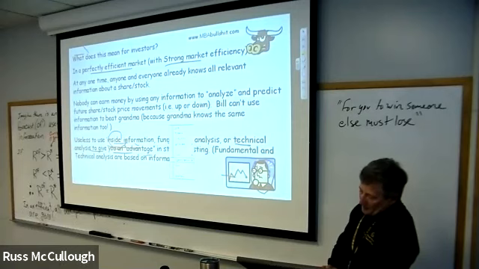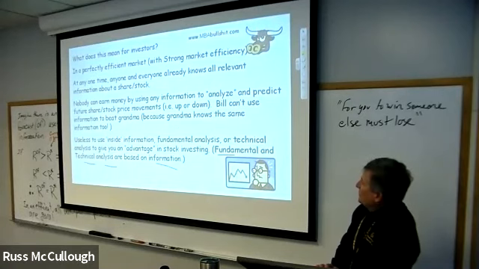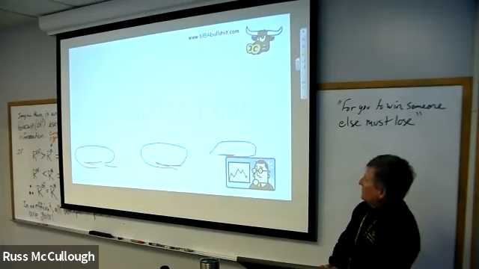Why? Because fundamental and technical analysis are based on information. And since these two are based on information, how can they give you an advantage if the information you are using is already known by everyone?